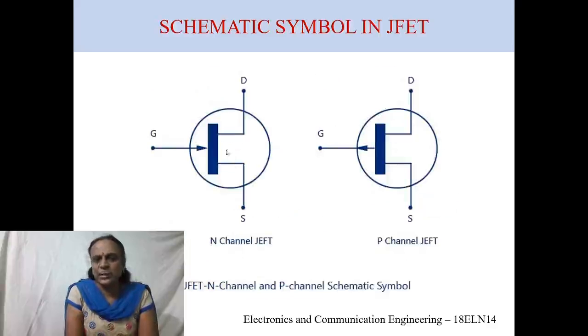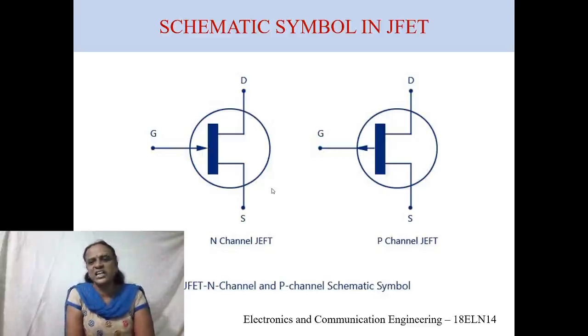Similarly, here in the representation also, the only difference in the schematic symbol in JFET is the arrow mark. In an N channel JFET at the gate terminal, the arrow mark goes inside, whereas for the P channel it is coming outside.